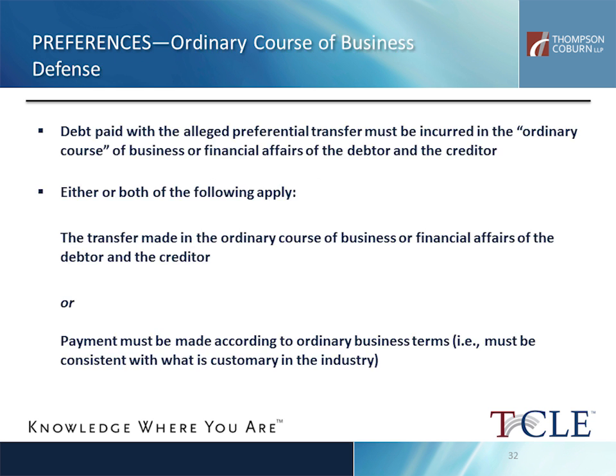A much broader and more commonly invoked defense by trade creditors is the ordinary course of business defense. And this is a defense which requires the showing of two elements in order to qualify. The first element is that you must demonstrate that the transfer or payment that you received was in payment of a debt that was incurred in the ordinary course of business of both your business and your customer's business.